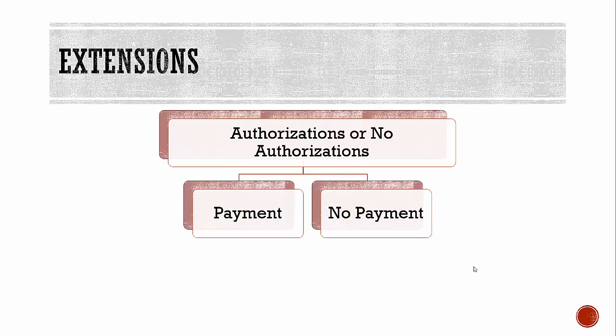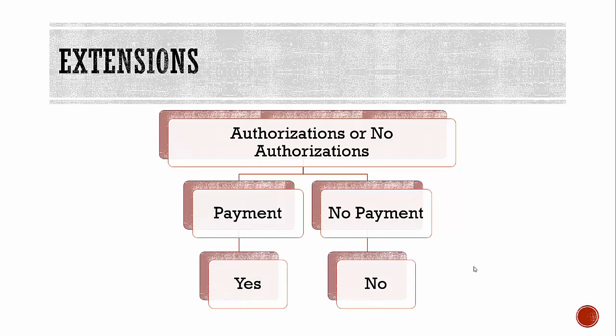So we ask first with an authorization, do you need one for the New York City, for the federal, and the state? So I first ask you, is there payment due or is there no payment due? If there is a payment due with your extension, then yes, you will need authorization because that will involve us making a payment for you through the software. And we cannot make a payment for you through the software without your consent and your authorization. Therefore, if you have a payment that needs to be made, you should be receiving authorization from your CPA firm before doing so.